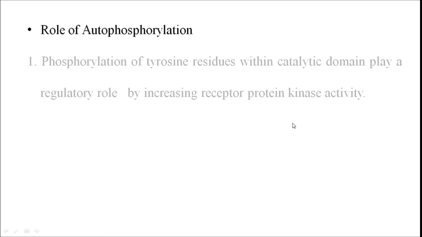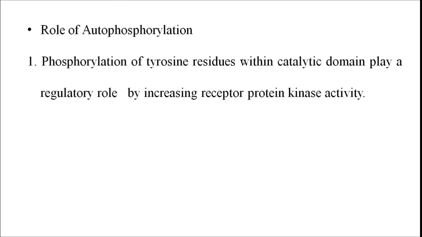Now, what is the role of this autophosphorylation? So, autophosphorylation, if the tyrosine residues which are present within the cytosolic domain of the receptor protein tyrosine kinase are phosphorylated, then they play a regulatory role by increasing the activity of that receptor protein kinase so that it is ready to phosphorylate additional tyrosine residues.